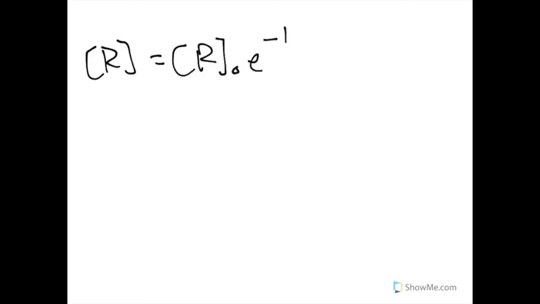Okay, only one more thing about these first-order reactions. Sometimes we're interested in how long it takes for half of the reactants to go away. This is well named the half-life. So we can go back to our integrated rate law, where we have R is equal to R naught e to the minus kt. And now we are interested in the time when R is equal to R naught over 2, 1/2 of what we started with.